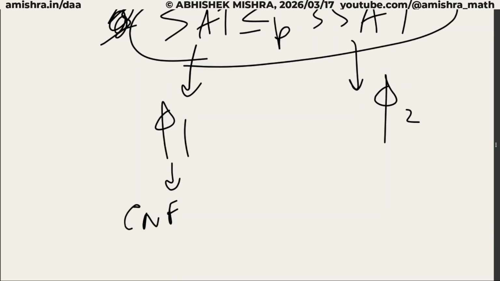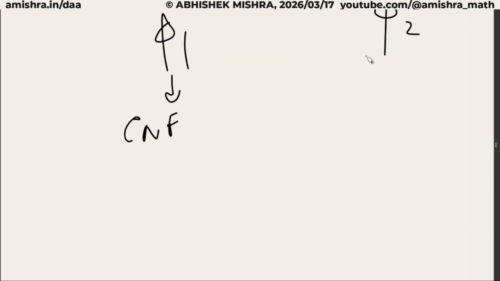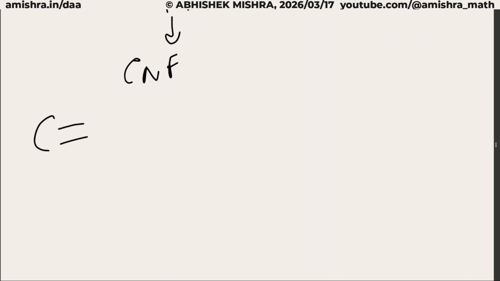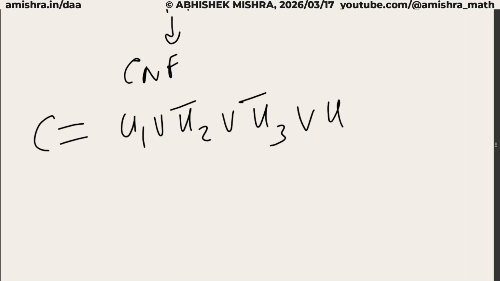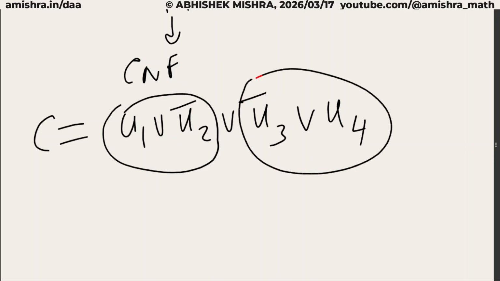So the idea is very simple. I will take an example. All examples are from the reference book Computational Complexity by Arora and Barak, second chapter. Suppose we have a clause like this having 4 literals, u1 or not u2 or not u3 or u4. So this has 4 literals. We can break this into halves like this. The idea is that if C is true, then at least one of the 2 halves has to be true.